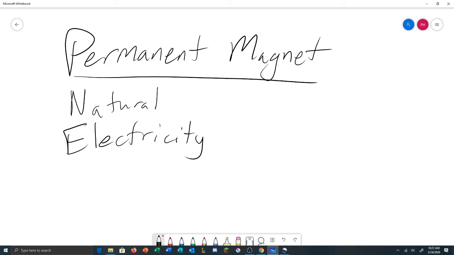So they can be natural, they can be made with electricity, they can be made by radiating the metal, so radiation. All of these things can be used to create magnets.